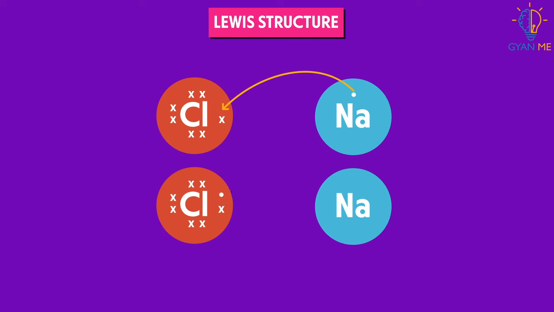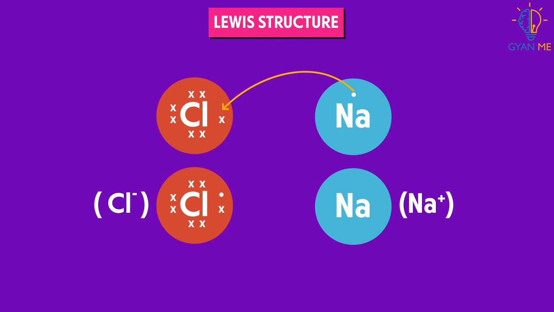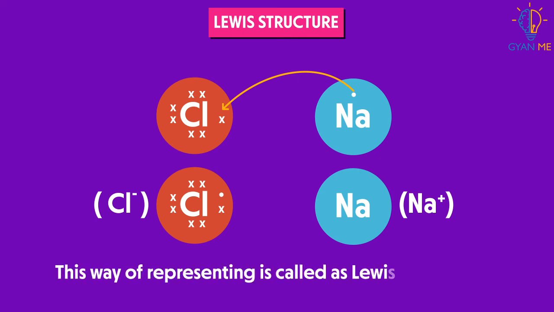So represent sodium simply as Na with +1 symbol, while chlorine accepted 1 electron and now has 8 electrons. So write chlorine in brackets and negative sign on the top of the bracket. Students, this way of representing is called Lewis dot structure representation.